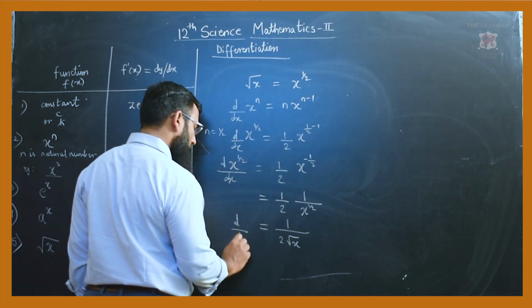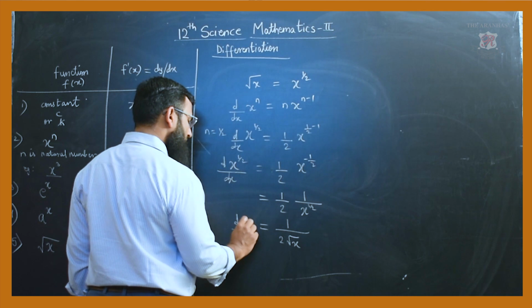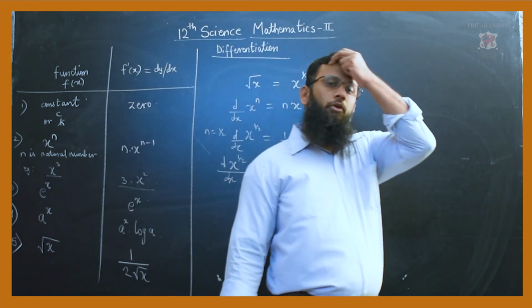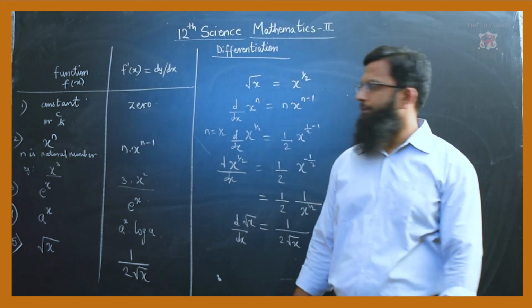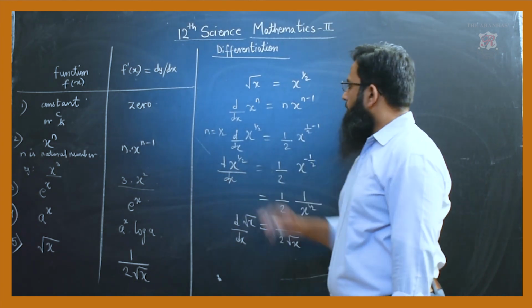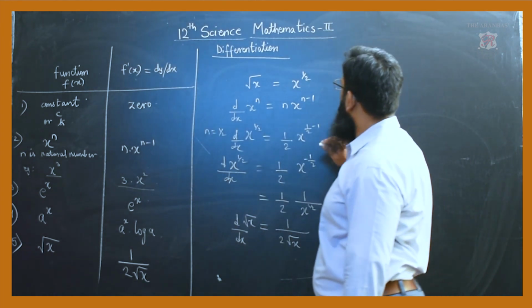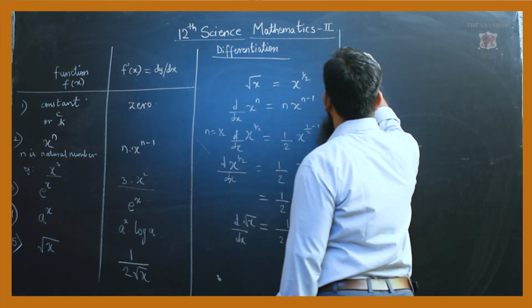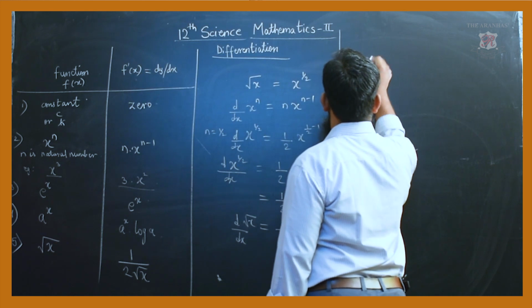So that is why the derivative of x raised to half, or root x, is 1 upon 2 root x. So that point is clear in this way. Now let us proceed further for some other functions.